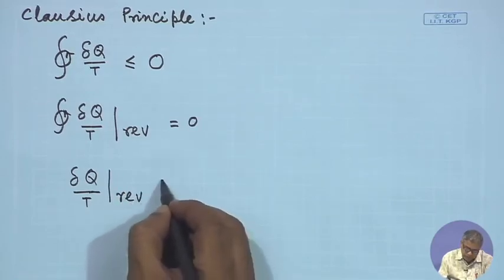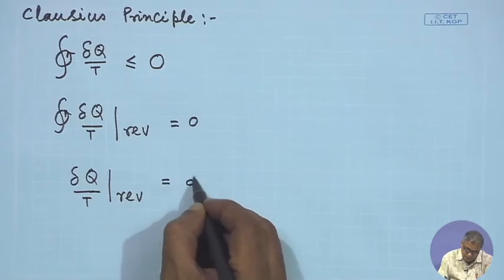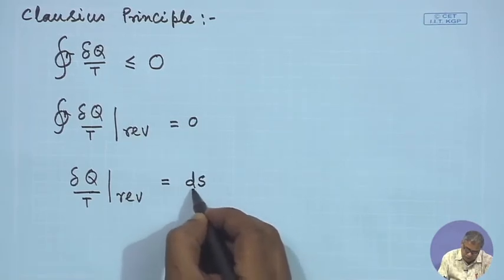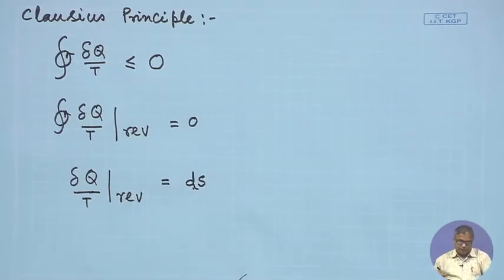this is becoming some change of a point function, because if I take this quantity dq by T along a cycle, the summation is equal to 0.